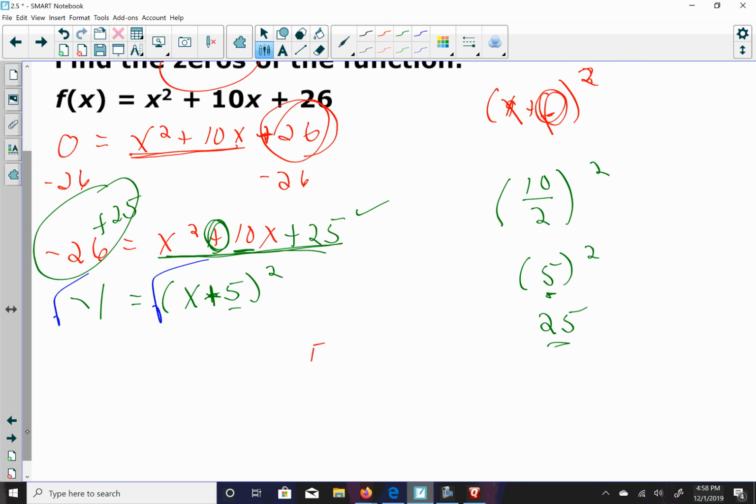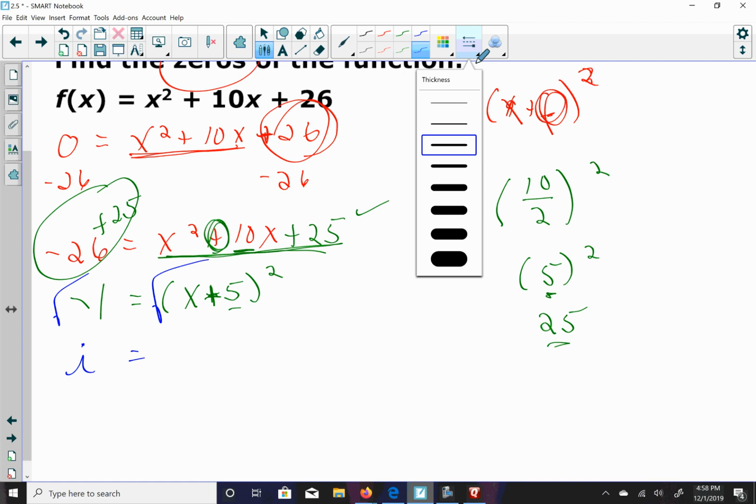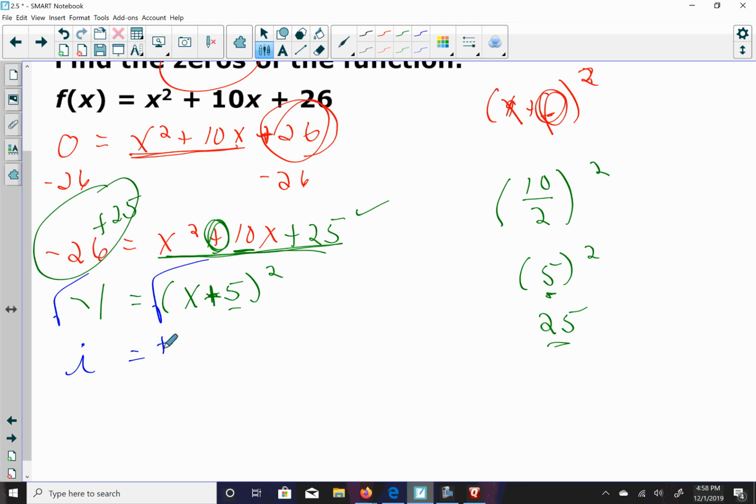The square root of negative 1, remember, that's the imaginary unit i.